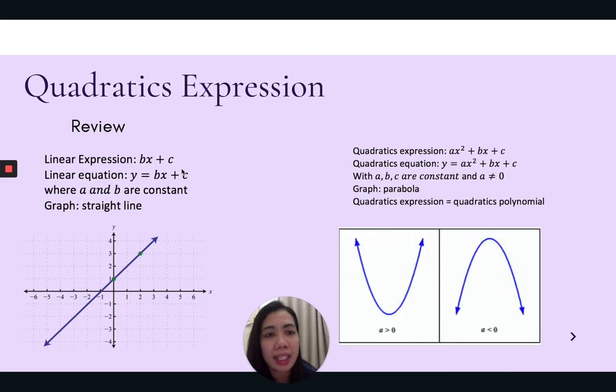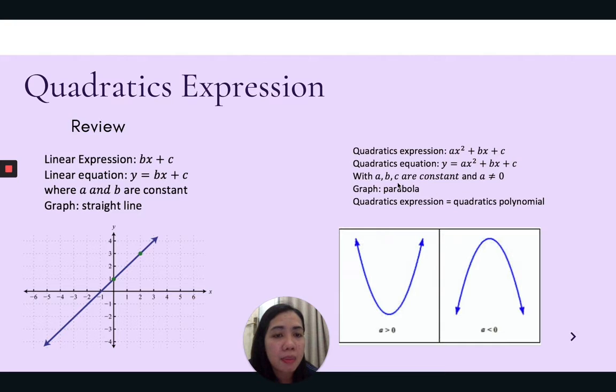So you add ax squared in front of this linear expression, and you change the linear expression into a quadratic expression. This is the standard form, and we can also call a quadratic expression a quadratic polynomial. You can use either one. They point to the same thing, which is ax squared plus bx plus c.